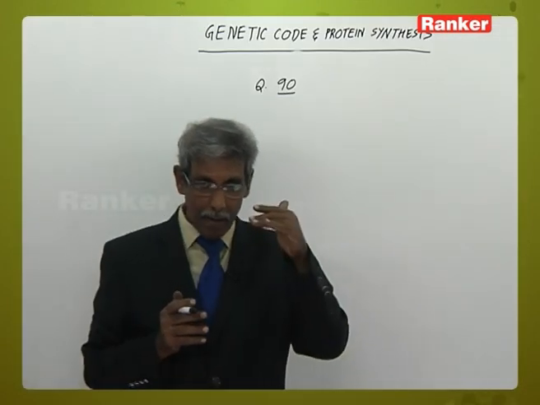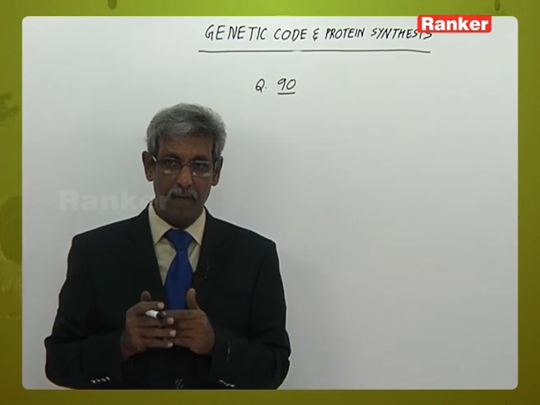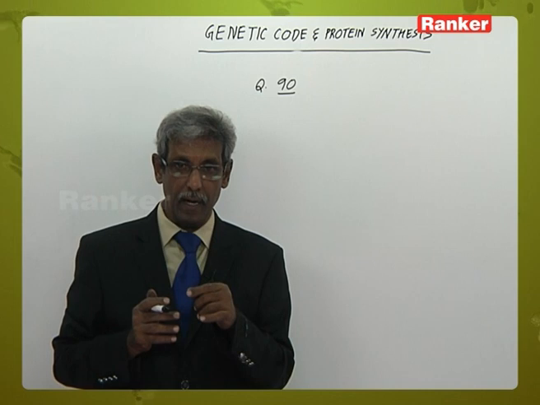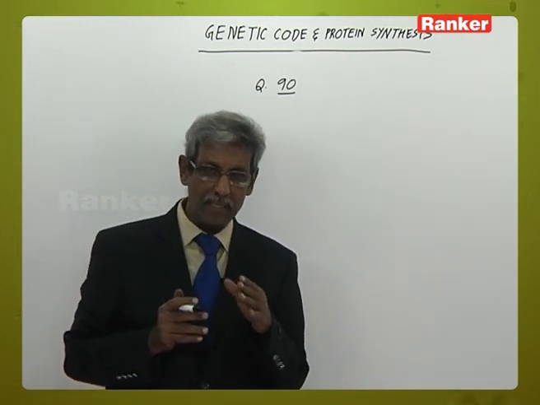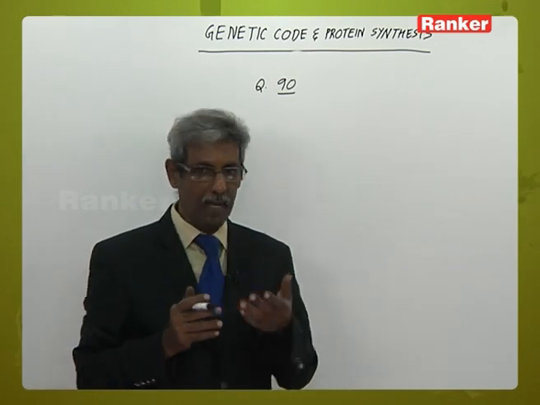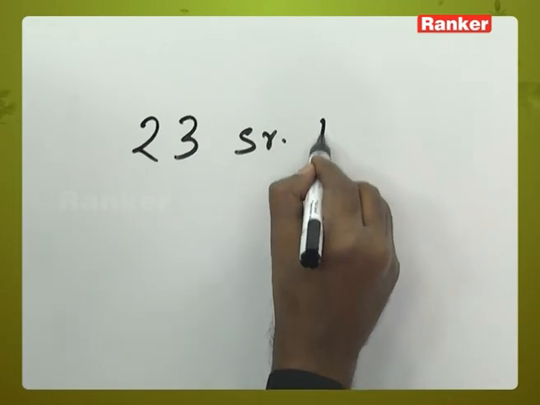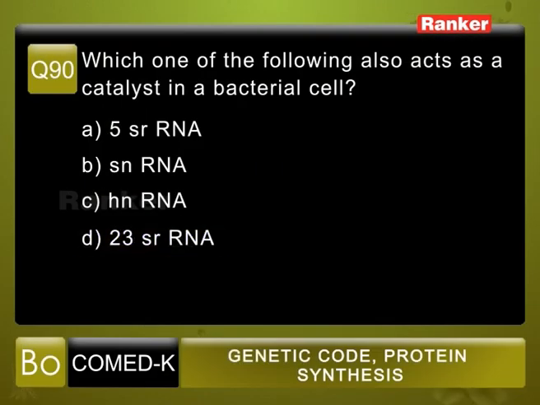Now, when you take the families of the RNAs, the ribosomal RNA 23S acts both like a catalyst as well as functioning as an RNA. This is the right answer, and the answer is D.